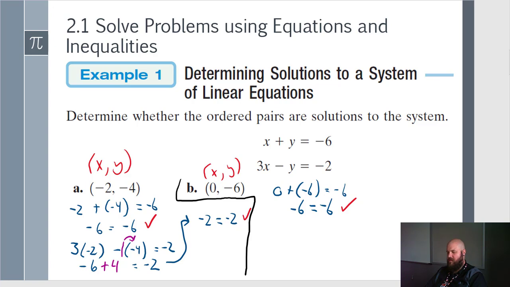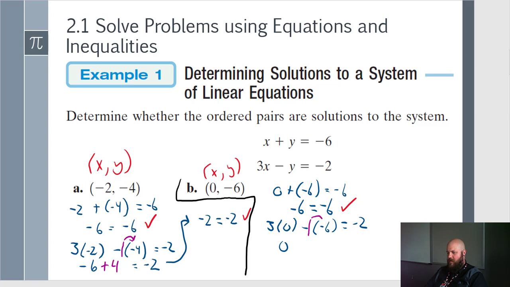Now let's do the next equation. 3x minus y equals -2. Well, if I take 3 times 0, our x value, minus a -6 equals -2. Let's see if that works out. Well, 3 times 0 is 0. And then as we said previously, when we have a minus sign in front of that negative value, there is like a -1 right there, okay? Imagine that.